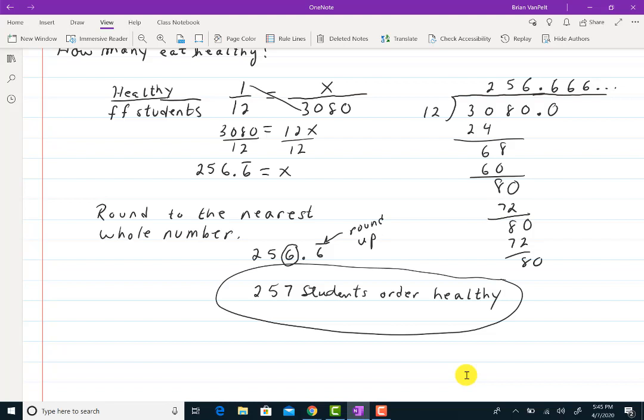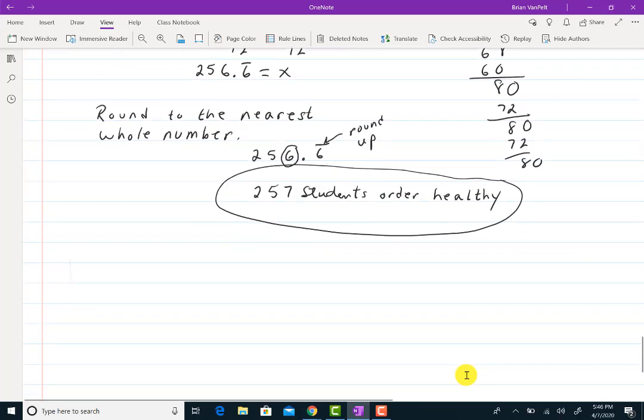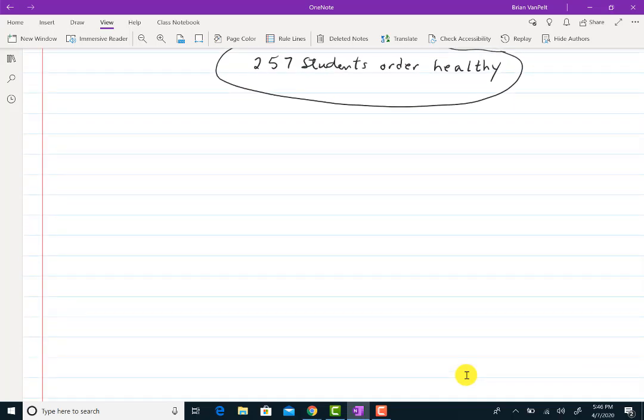So hopefully that will give you a good combination of problems in order to set up your proportions. The next thing I would like to do is move on to section 8.1.